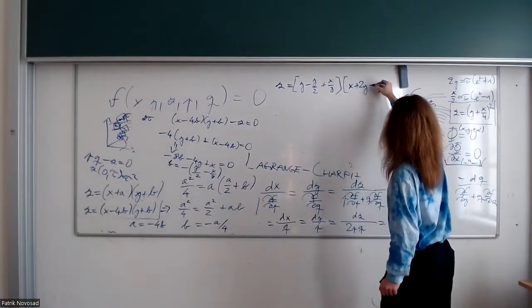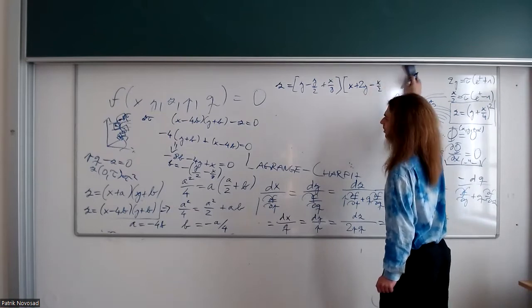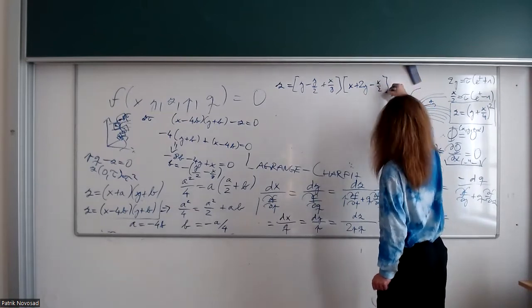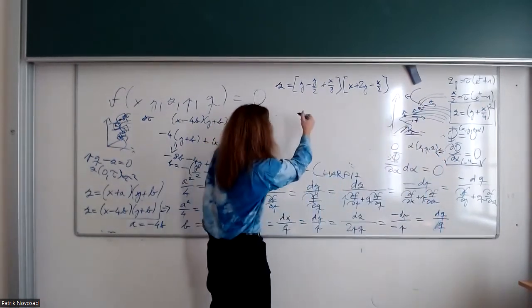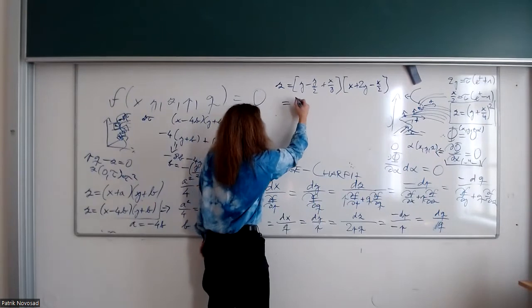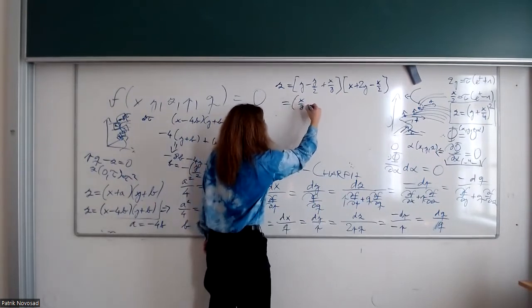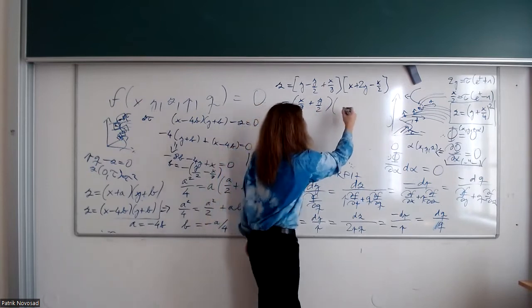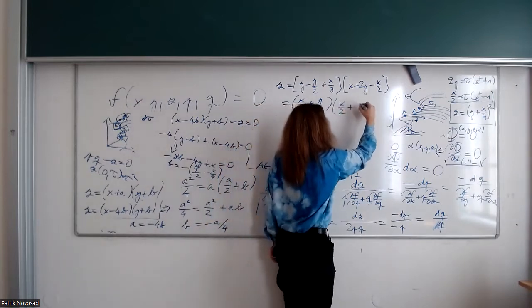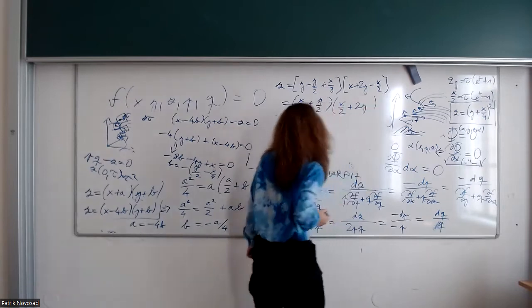Now we have minus x over 2. And after clearing it a little bit, we get x over 8 plus y half. And here we get x half plus 2y.